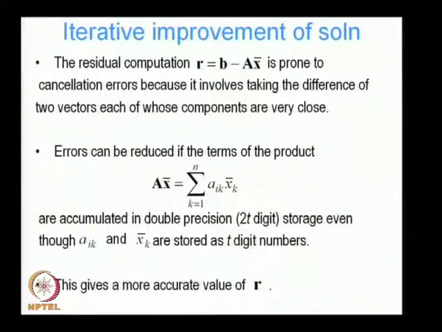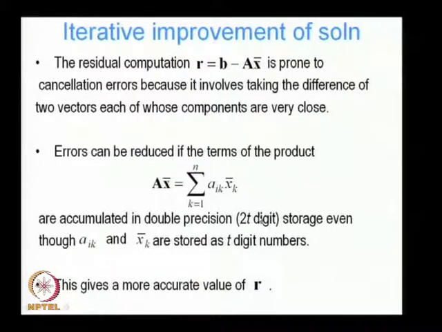The residual computation r is equal to b minus A x bar is prone to cancellation errors, because it involves taking the difference of two vectors, each of whose components are very close. Errors can be reduced if the terms of this product A x bar are accumulated in double precision storage, even though a_ik and x bar_k are stored as t-digit numbers. So, we can improve the error in this computation by doing this. a_ik and x bar_k are already stored in the computer, but they are stored as single precision numbers, normal precision.